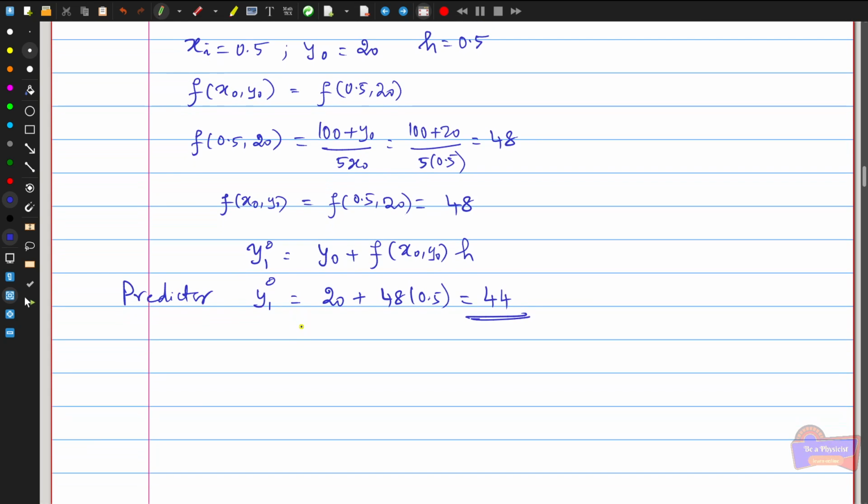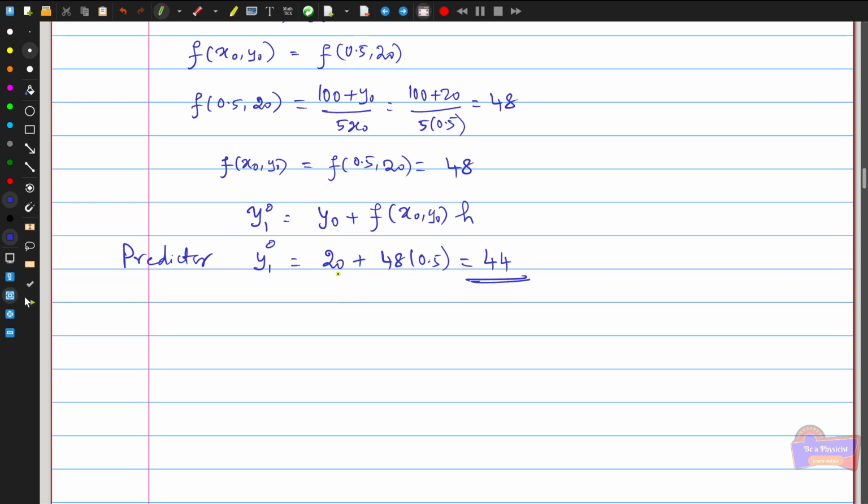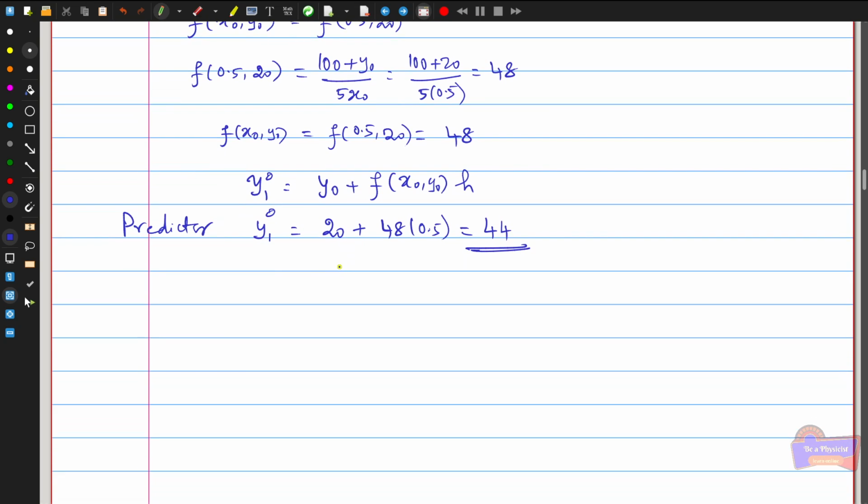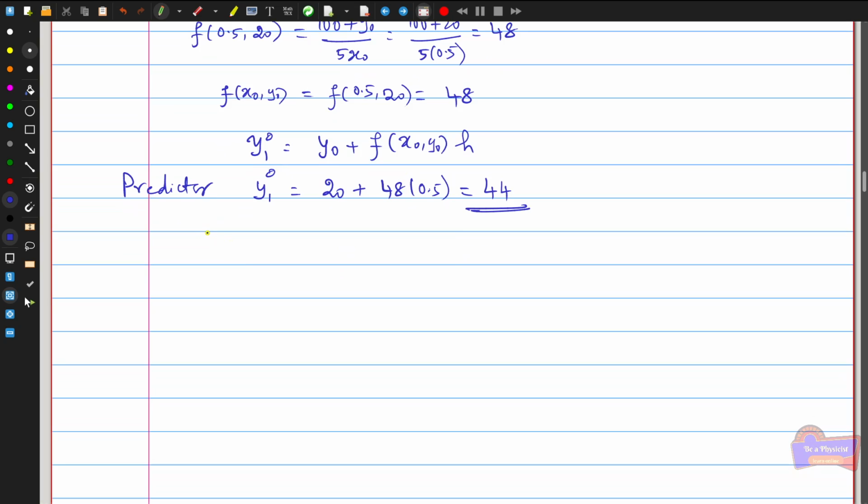In order to correct this prediction, I can use the first order derivative at the second point, so that I can calculate the slope at the second point, f of x1 comma y1 of 0.